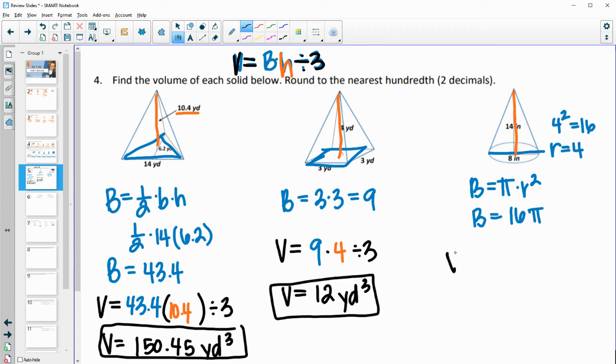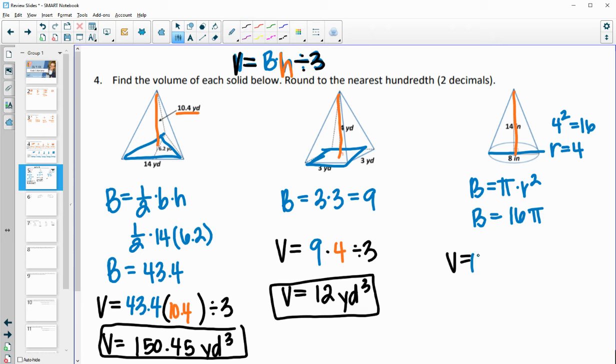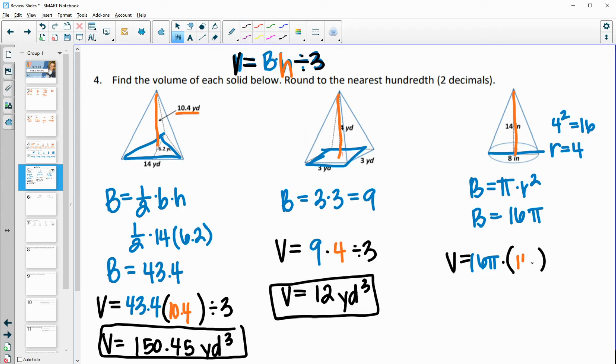So when we go ahead to do the volume, we are going to do 16 pi, the area of the base, times the height, which is 14, and then divide by 3. So again, I'll multiply the pi in now.